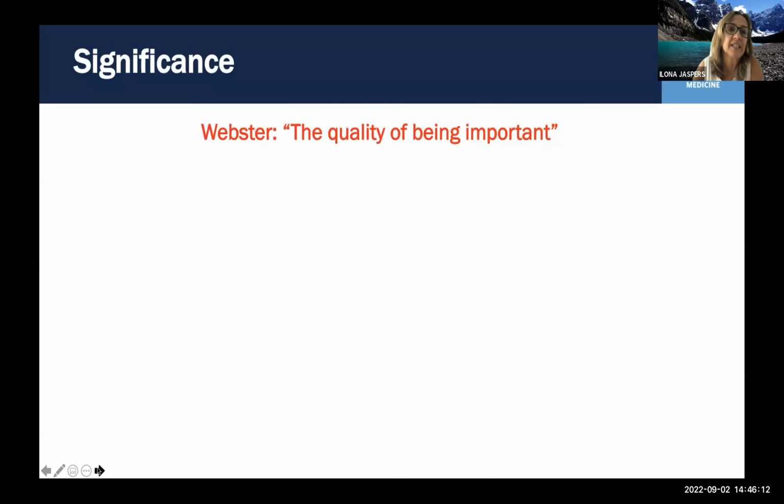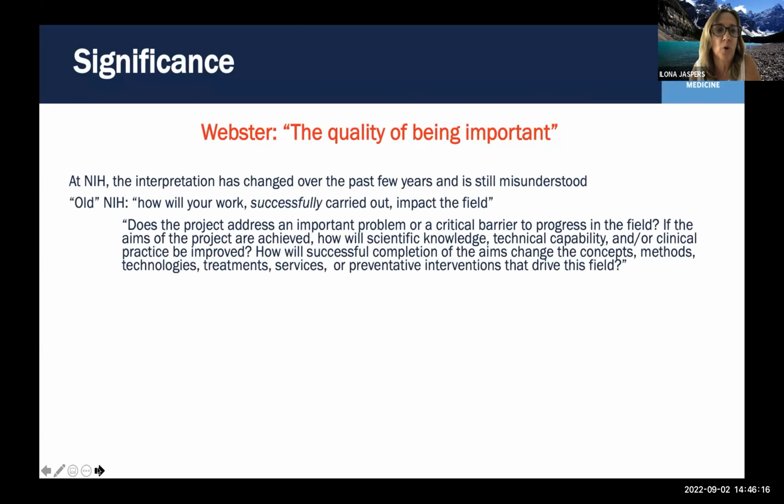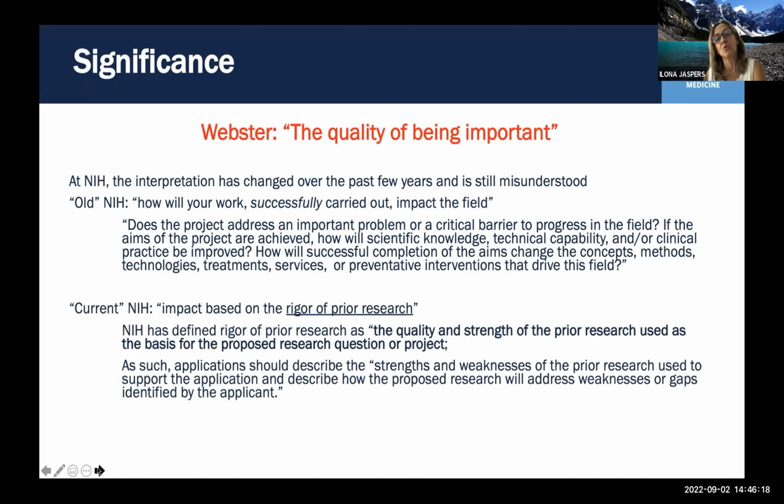The significance, what is that? Webster basically tells us it is the quality of being important. And as I already told you, the significance is basically what kind of impact your work will have on the field if it is successfully carried out. Now, the current NIH has actually modified that. Again, this is one of those things, so stay on top of it: the impact is based on the rigor of the prior research.